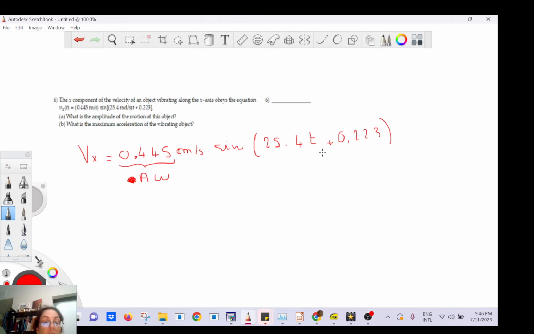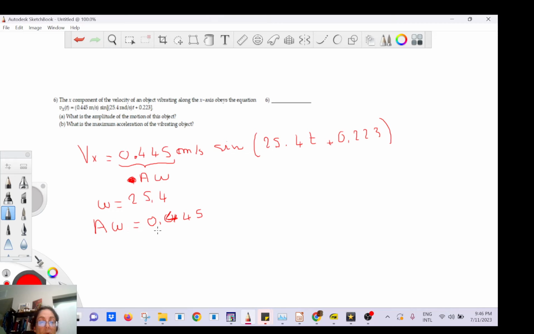So I don't know what they want. The amplitude. So we know that omega is 25.4, and we know that A omega equals 0.445. So that's the maximum in magnitude, maximum velocity.